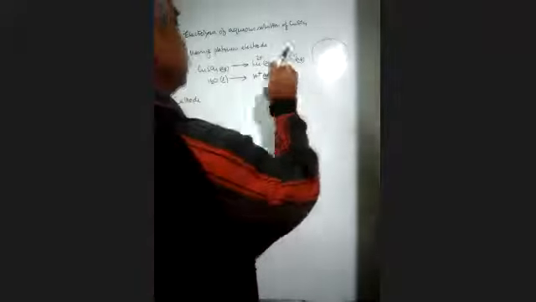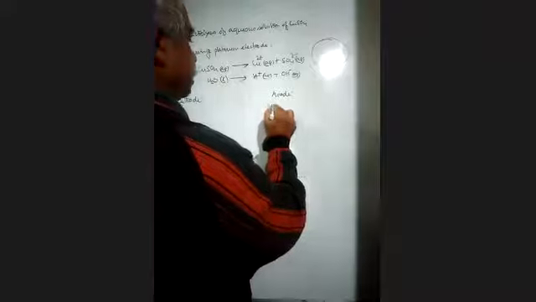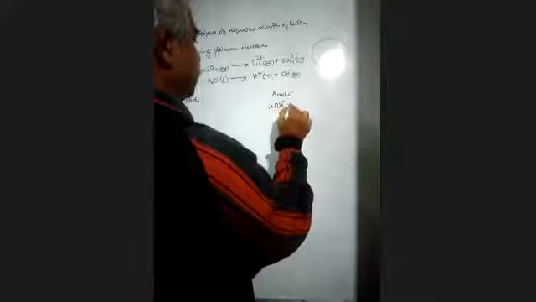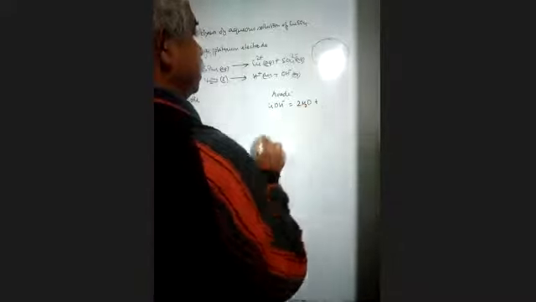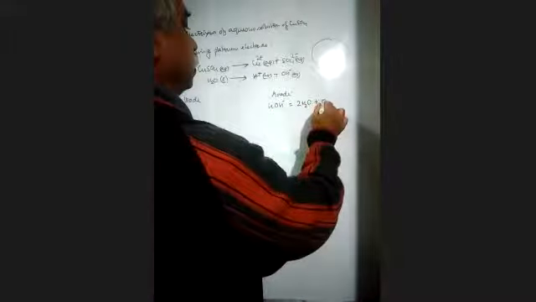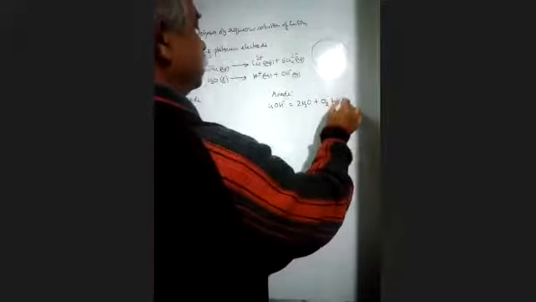So this is going to lose electron. So I'll write now here 4OH minus. It will give you 2H2O plus O2 plus 4 electron. What has happened? Oxidation has taken place.